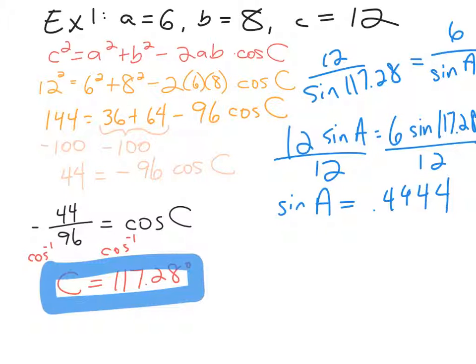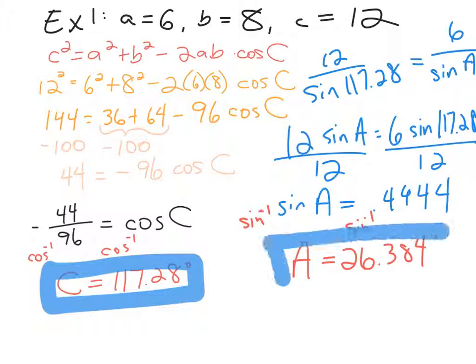And then this is the sine of A. I don't want the sine of A, I want A, so I'm going to arc sine. So when we arc sine that value, we're going to get our angle A equal to approximately 26.384 degrees. And that's the second answer that we're looking for.